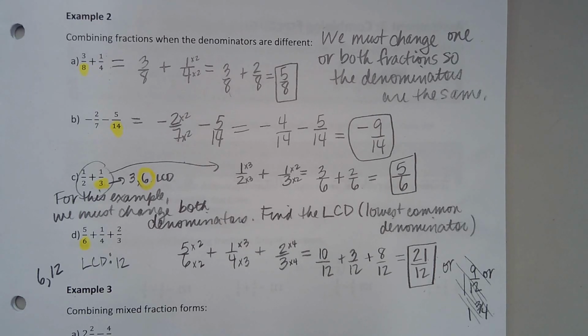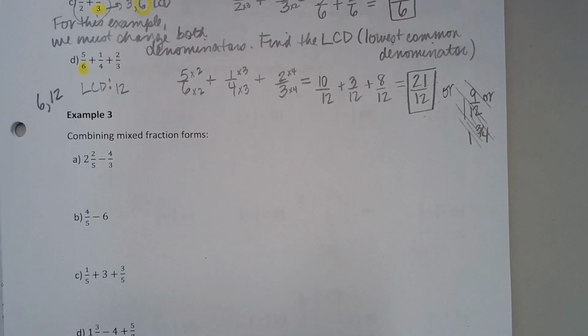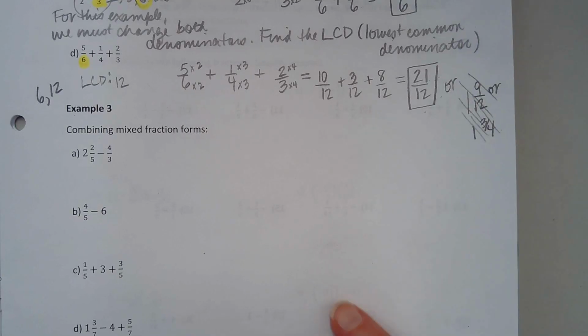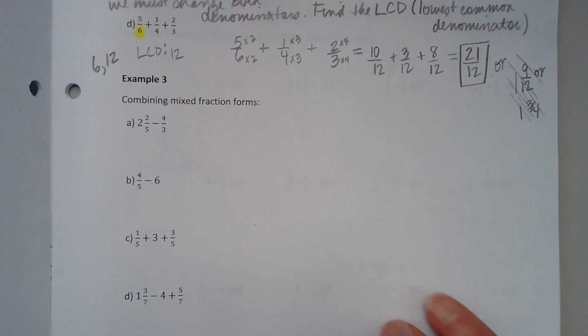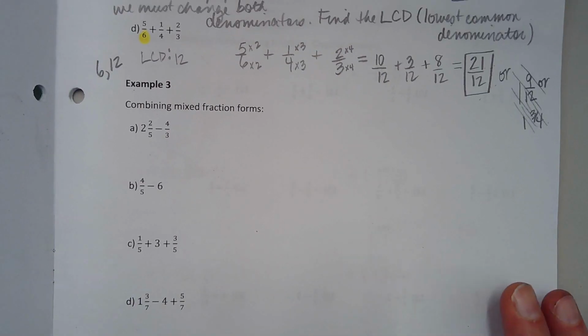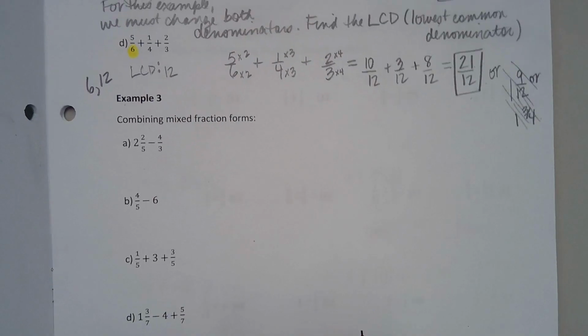All right, ready to move on to the last set? There's nothing new here other than, what if you are given some of your work in mixed form? Okay? Why we did a little work yesterday on changing to mixed is, as I've said a few times already, mixed really isn't great for any type of math work. So the first thing we would do is convert everything to improper.